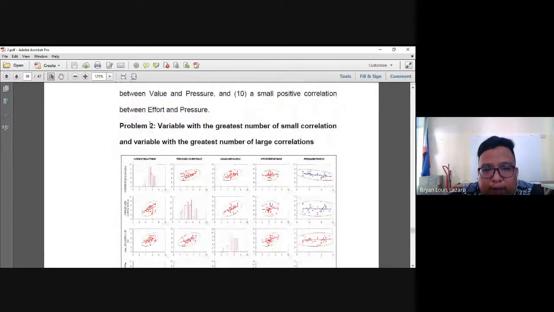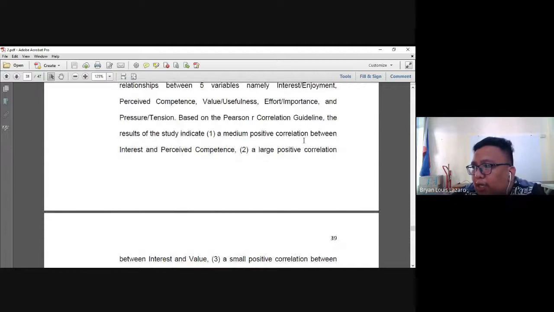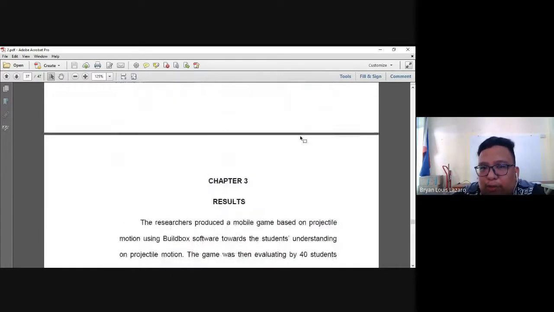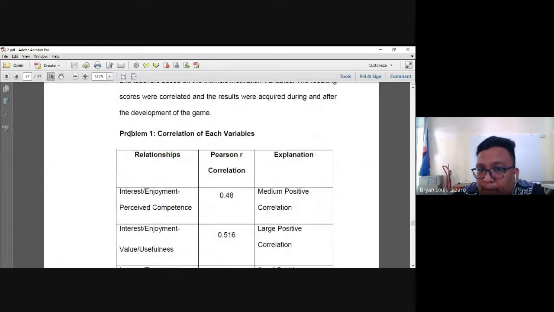And then here we have problem number 2. So, ganyan. Tapos, by the way, in writing your chapter 3 results, it should be by problem. So remember, sa questionnaire, di ba, meron akong nilagay na ito ay para sa problem number 1.